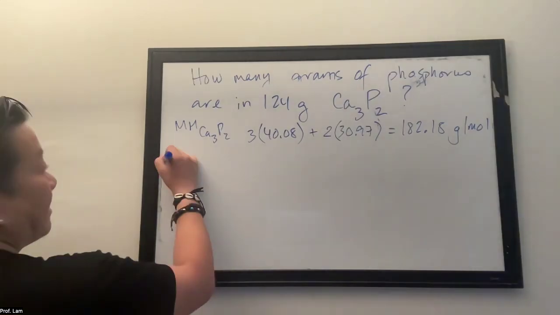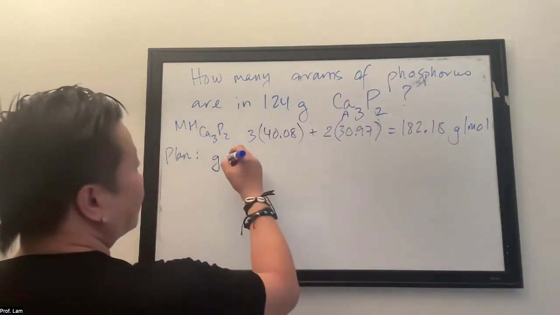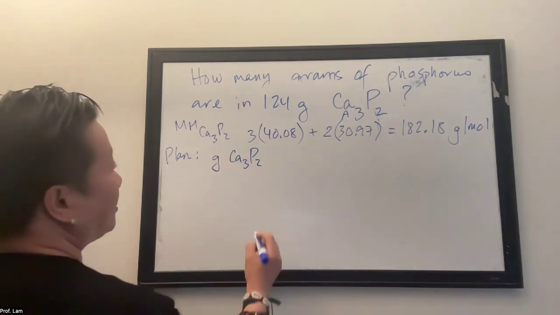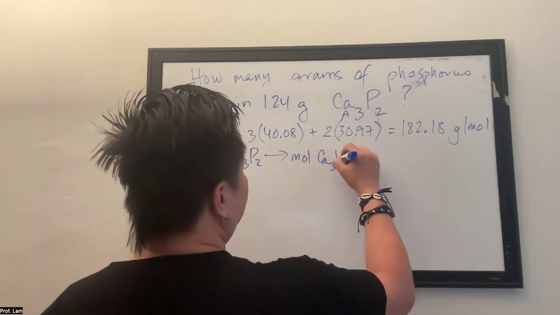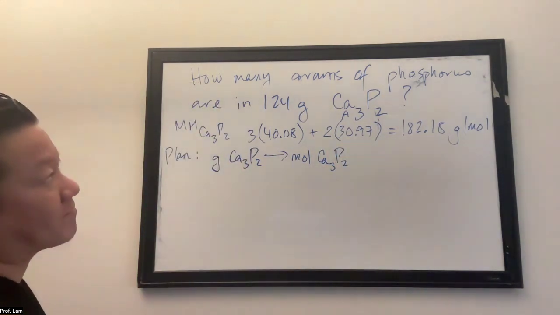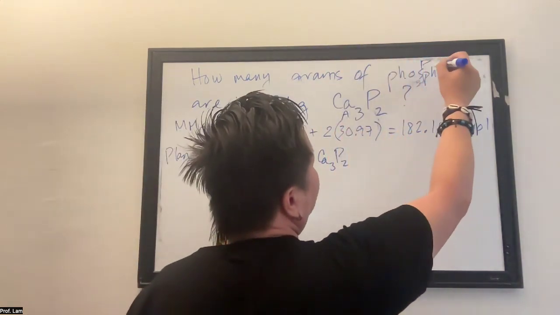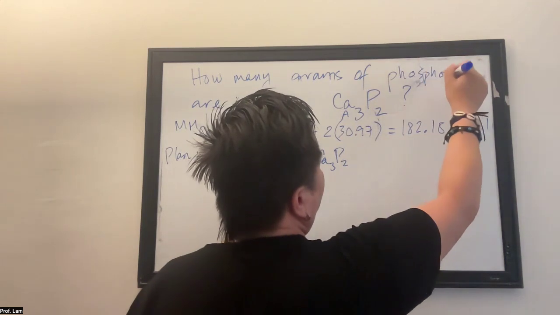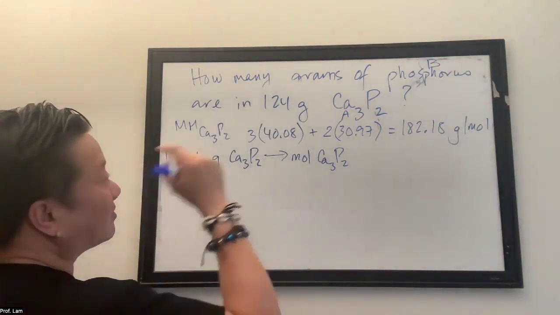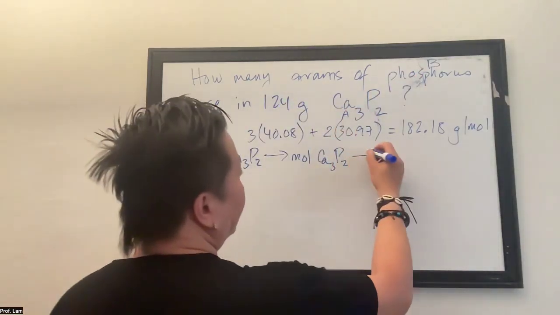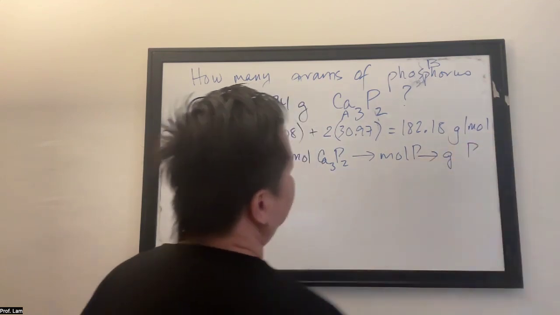Okay, and then we write our plan. We've got grams. We can call this A, right? This is grams of Ca3P2. We are going to convert it to moles of Ca3P2, and what it wants at the end is grams of phosphorus, P. That's basically mole of B, so you're going from mole A to mole B. So mole of phosphorus, and then grams of phosphorus.